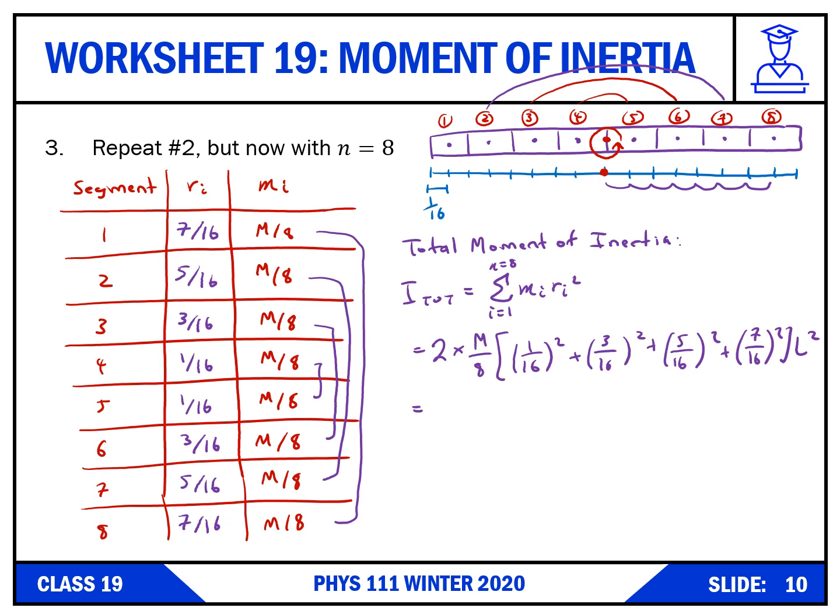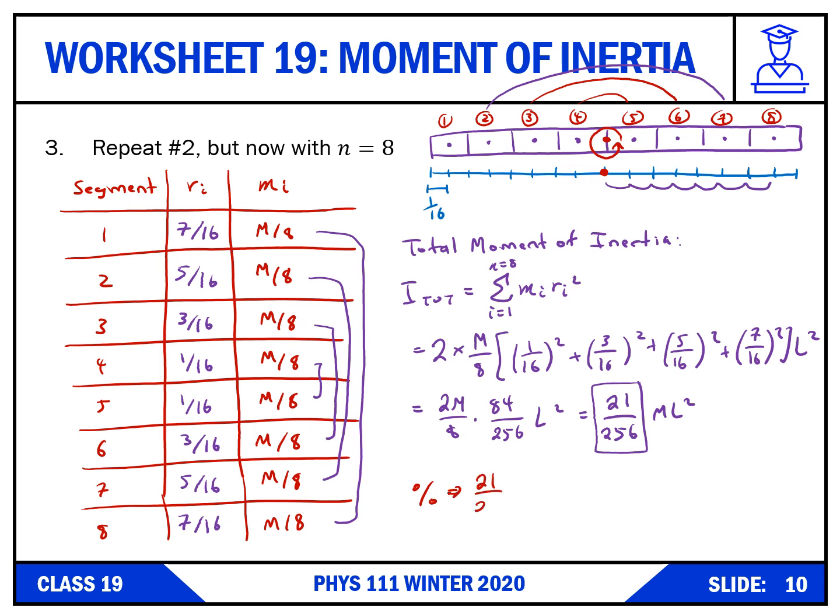When you punch all of these into the calculator and get a giant fraction out of it, you're going to get 2M over 8 times 84 over 256 L squared, which is 21 over 256 ML squared. So this is now your new K factor, and when we're comparing it to 1 over 12, now we're going to figure out the percent difference for both of them.